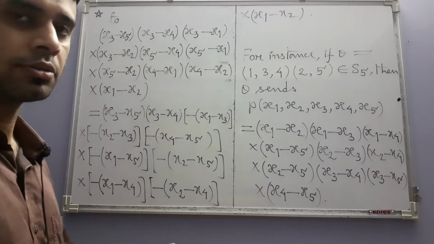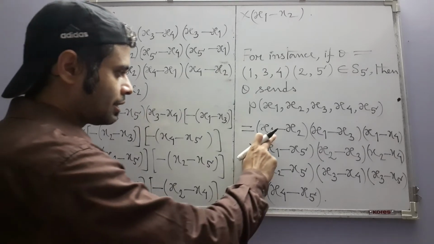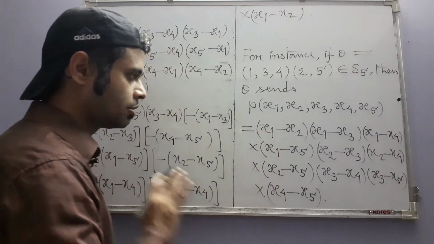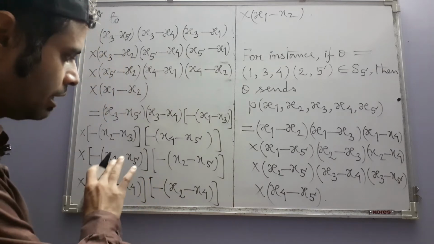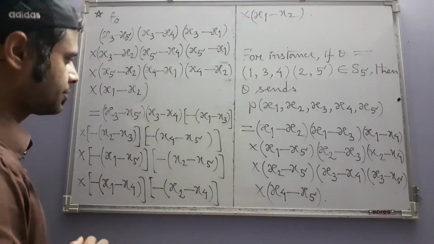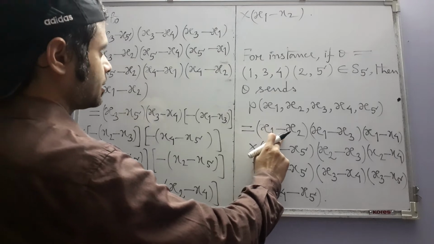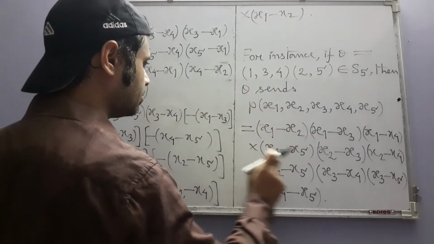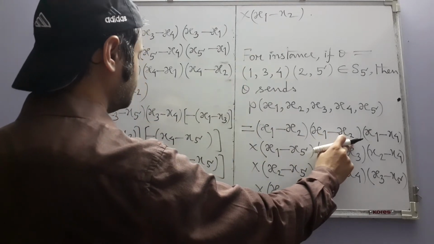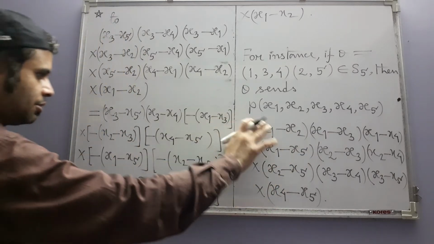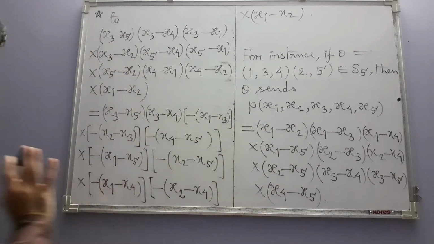Now first of all note that all the factors that we had in the original polynomial actually are also present here. Let us see one by one. X1 minus x2, so this is okay. X1 minus x3, or because we know the pattern here, we can simply look here.